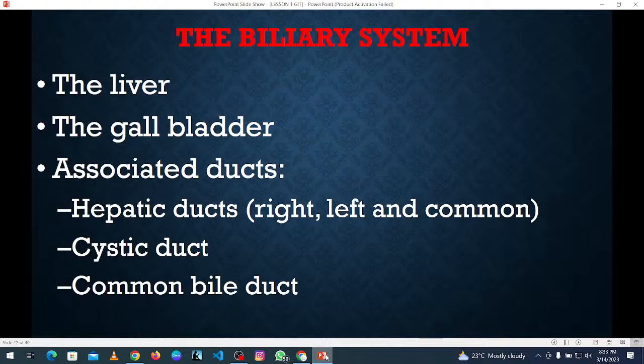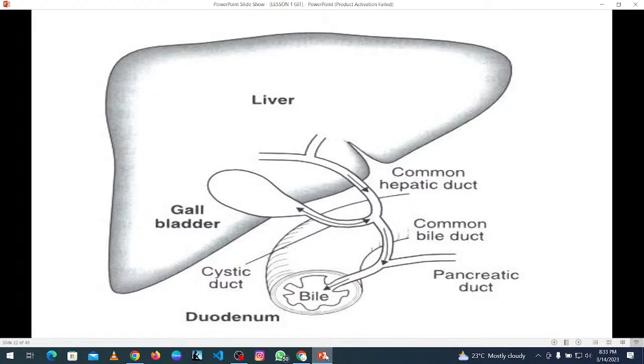We have the hepatic ducts, one of which brings blood to the liver, and there's one that takes blood out of the liver. We have the cystic duct and the common bile duct. So this is the biliary system, and that's the liver. The oval one there is the gallbladder, which is essential in producing bile for the digestion of fat. We have the liver.